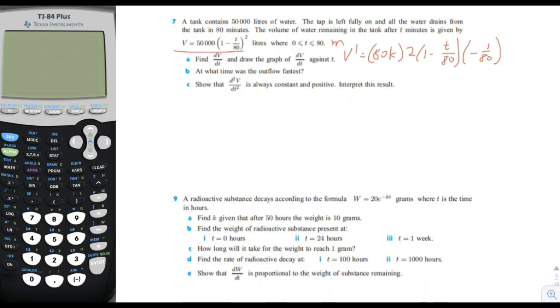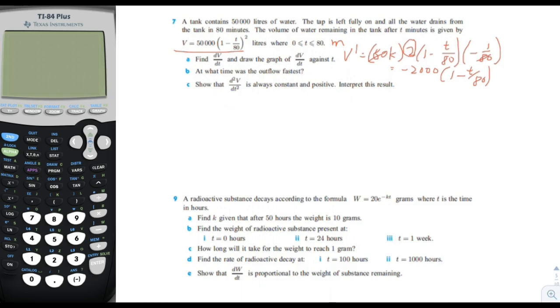So let's multiply that out. 80 cancels with 80 here. So it would be negative 1,000 times 2, so it would be negative 2,000 times (1 minus t over 80). That's the dV/dt.